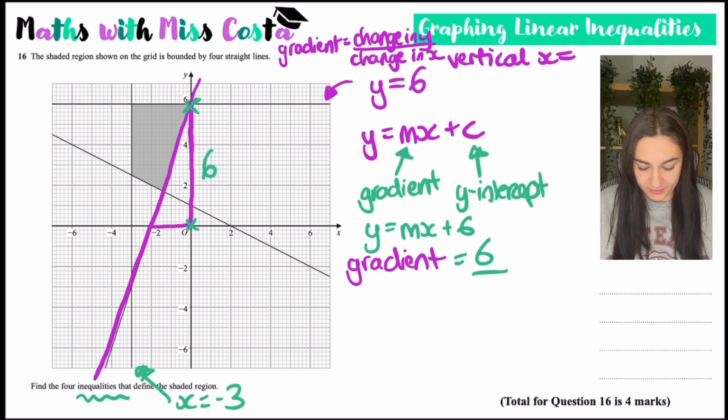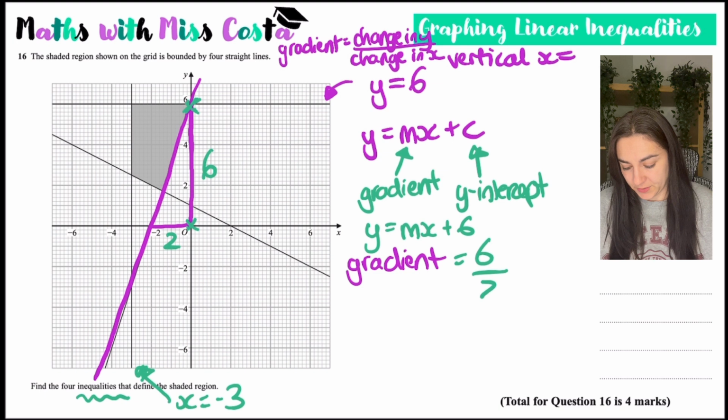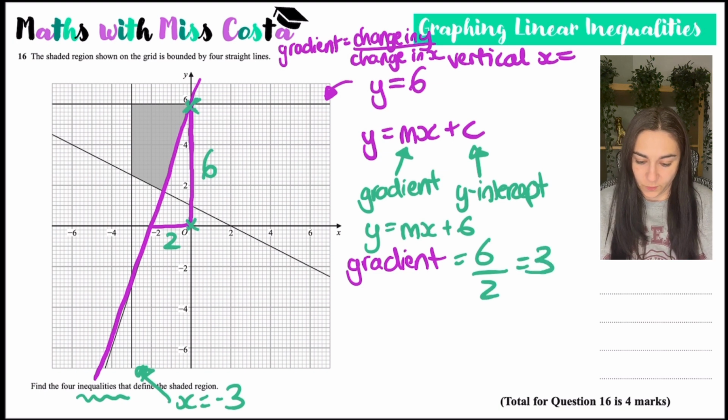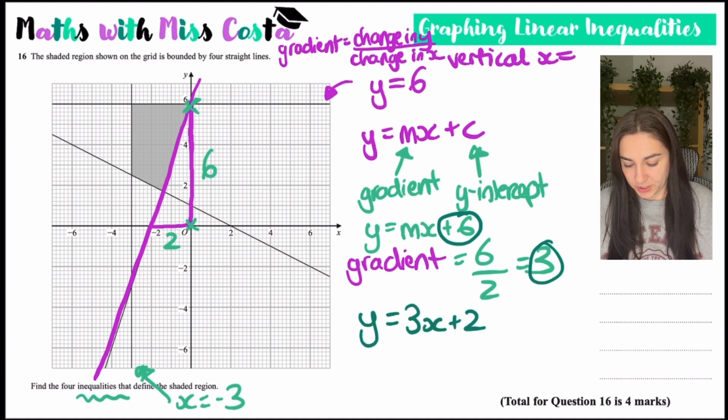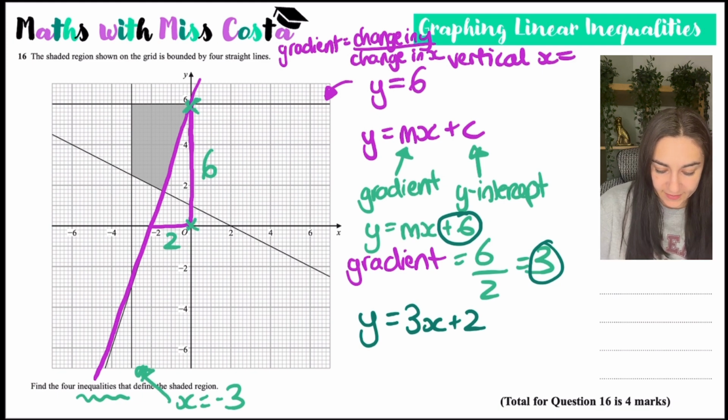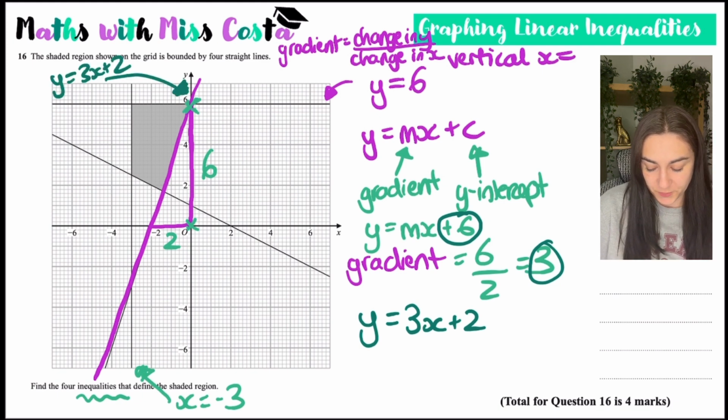And from 0 to -2, that's a distance of 2. So my gradient is going to be 3. I've already substituted my y-intercept, which is 6. Now I substitute 3 into the line. So that would be y equals 3x plus 2. So this line here, let's just label it, is y equals 3x plus 2.